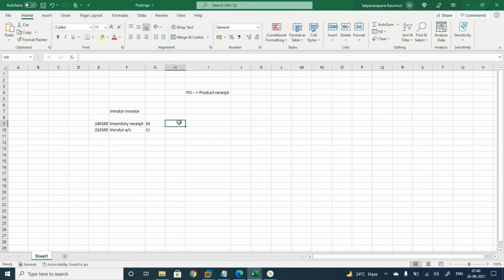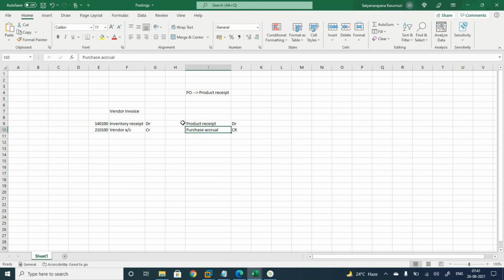I want to know the real inventory value. What is the stock in my inventory? Then at the time of product receipt, I can map a temporary account: product receipt account debit to purchase accrual account credit.